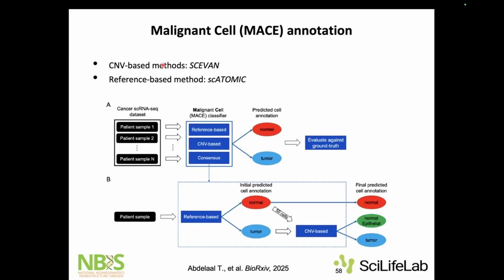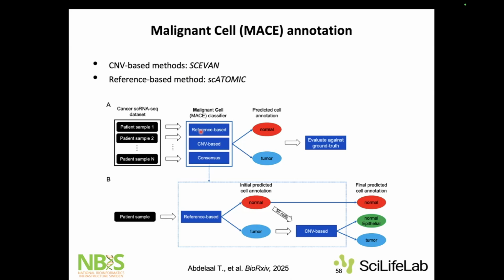So they tried to combine these two methods to define a different method, using the reference-based method to separate epithelials from the rest. Then we have the epithelial cells that should be split into normal and tumor cells. They run the CNV-based method on only the epithelials, with a group of the other normal cells as a reference.